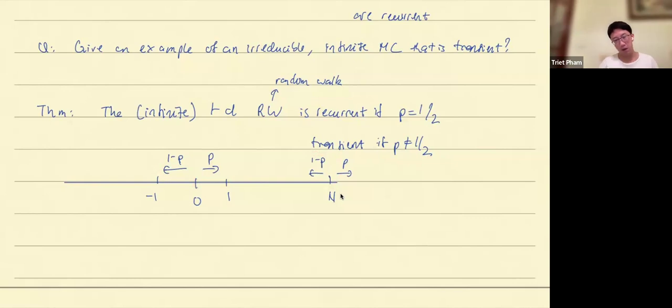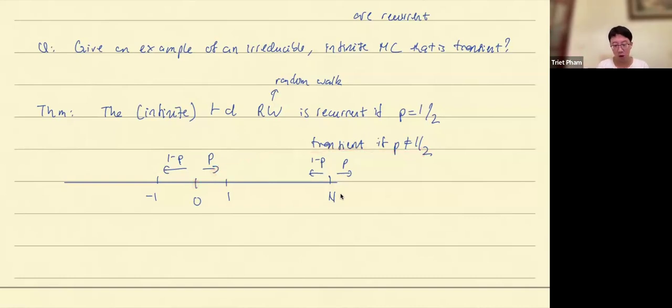The escape concept is not about escaping into something; it's like escaping into infinity. Because in order to not revisit 0, all you have to do is, let's say, keep going to the right.